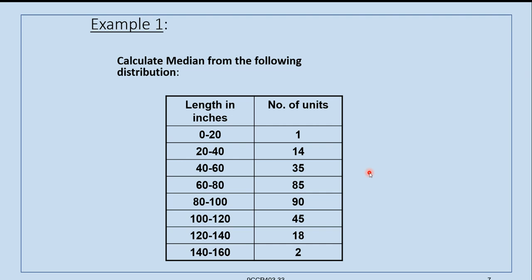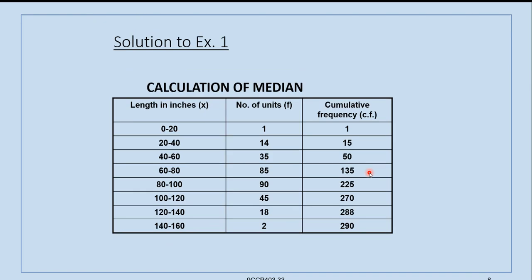Anyway, the same example is taken so that you can take down the correct example. Since the cumulative frequency last item is 290, n is equal to 290.